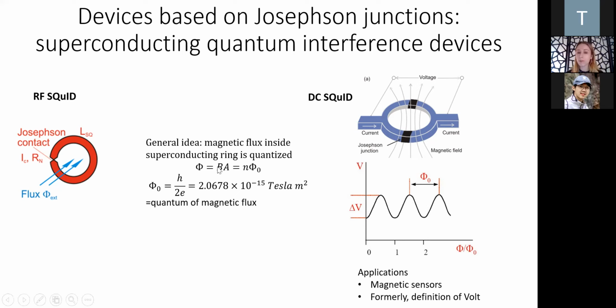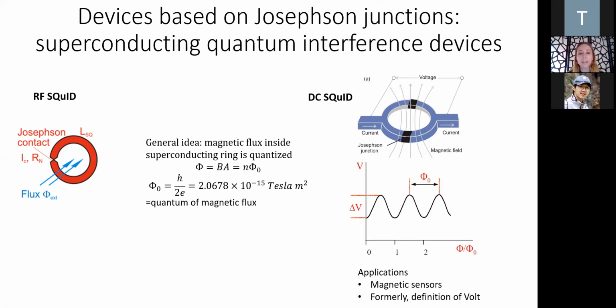Magnetic flux is given by magnetic field times area. In a superconductor, because of the quantum coherent nature of the superconducting state, the flux that threads that loop is quantized. The quantum of magnetic flux is h divided by 2e, so it's just a function of fundamental constants. And this turns out to be a teeny tiny magnetic flux.